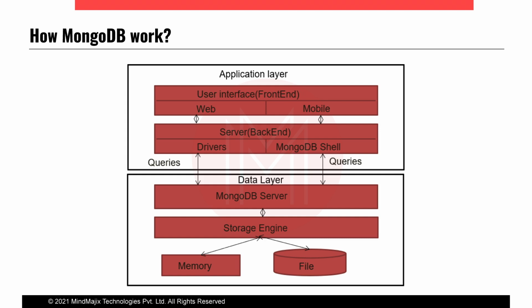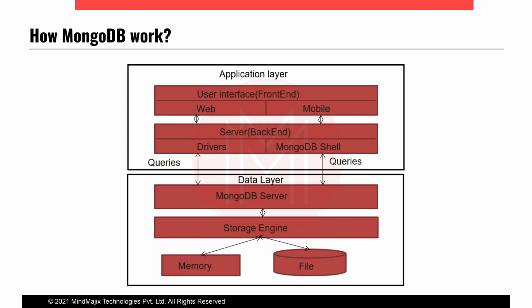Our server, MongoDB, is the backend. They have drivers to support the MongoDB server. The MongoDB shell is accessed for the query process. So what are the different queries here? System oriented queries and database oriented queries are accessed here via the MongoDB shell.